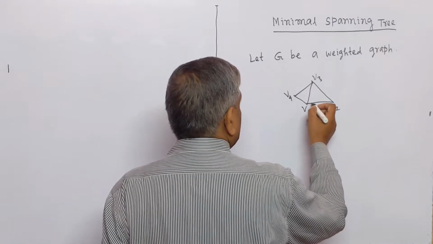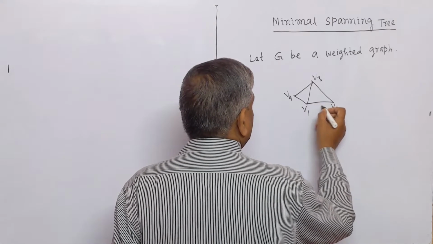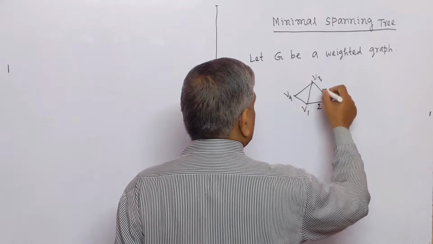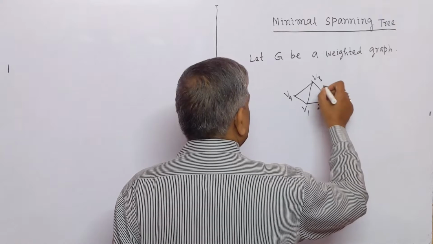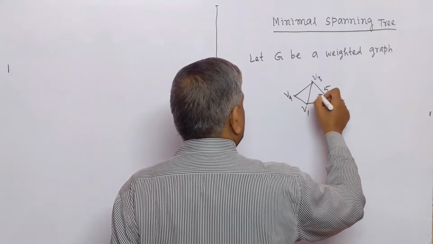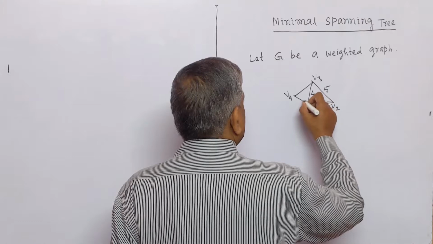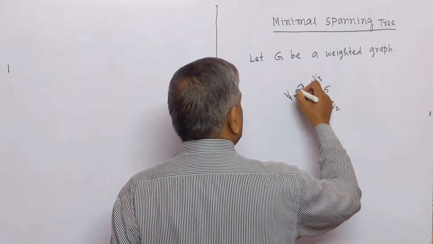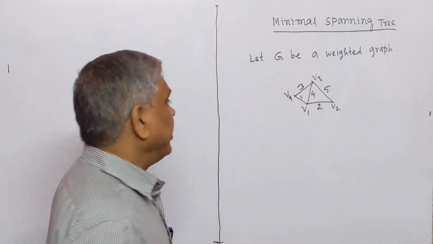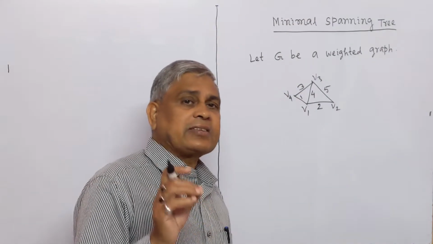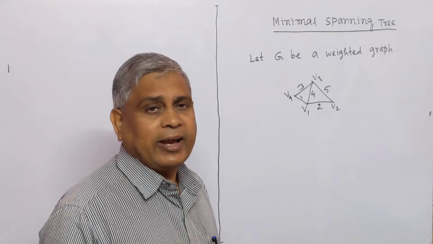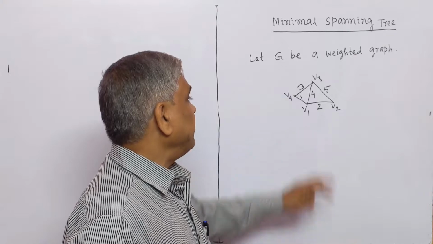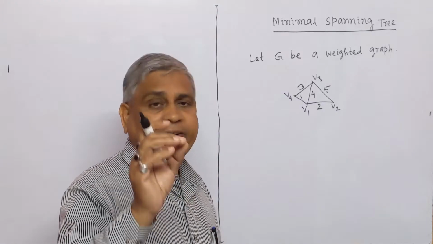Let this edge V1V2 is assigned 2, V3V2 edge is assigned 5, this edge is assigned 4, this edge assigned 1, this edge assigned 3, and in this way, if each edge is assigned a non-negative real number, then this graph is known as weighted graph.